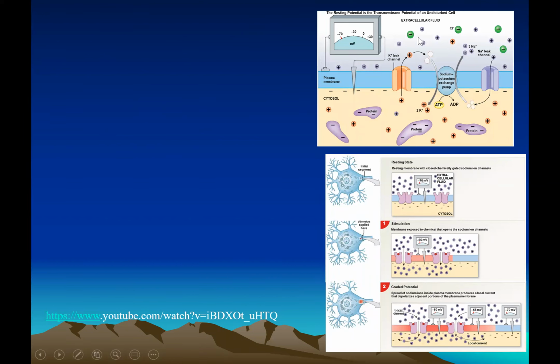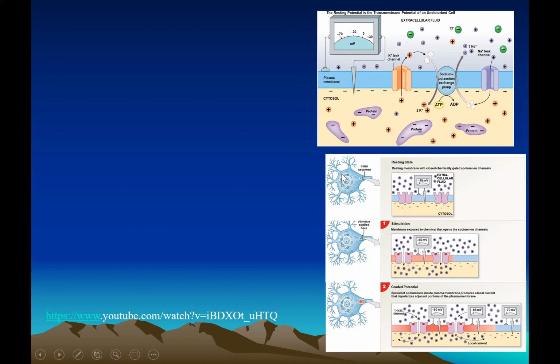All these positive charges outside are because of sodium being pumped out. So it is positive on the outside and negative on the inside. If you measure the voltage across the membrane, the resting membrane potential is negative 70 millivolts. This is what we are seeing in a resting neuron.